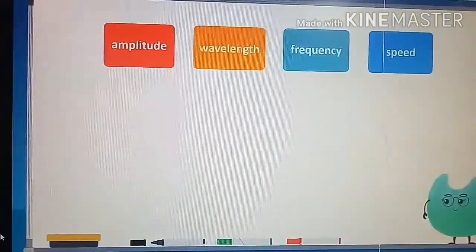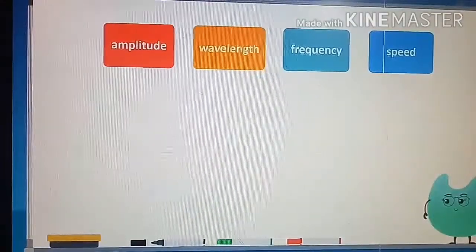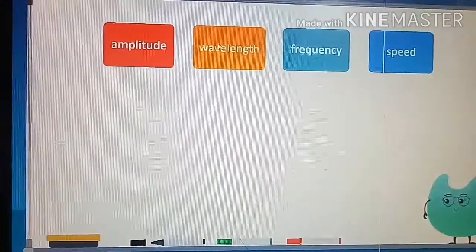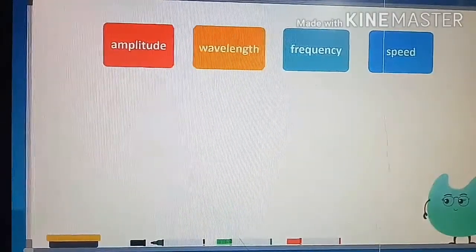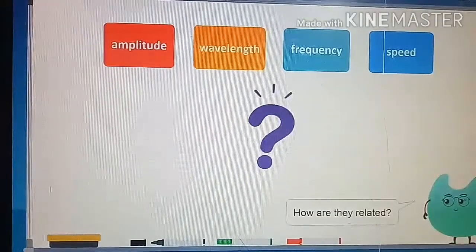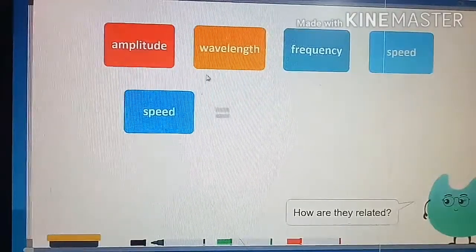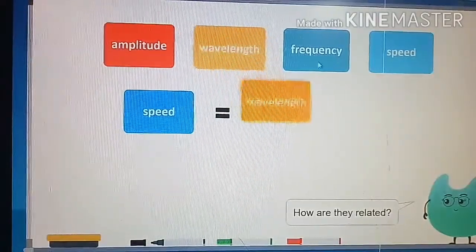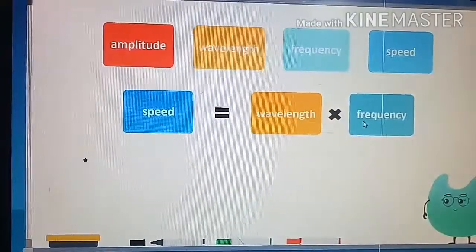So we discussed these characteristics, that is amplitude, wavelength, frequency and speed. Now look at the relation between the wavelength, frequency and speed. If you observe carefully, speed equals distance over time. So here the distance is our wavelength, and the reciprocal of time is frequency. So speed will be equal to wavelength multiplied by frequency.